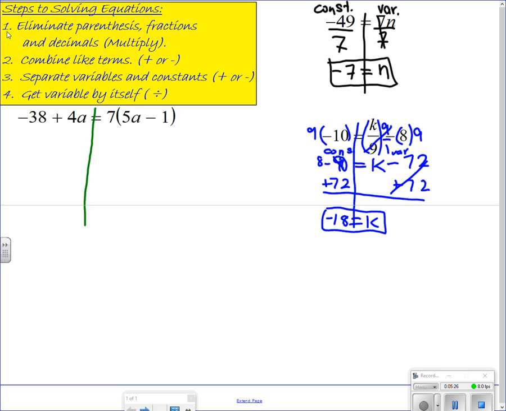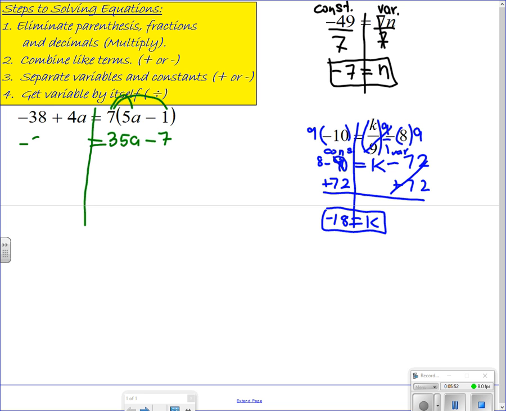Step number one, eliminate parentheses, fractions, and decimals. I have parentheses. Okay, and the way you get rid of them is by distributing. 7 times 5a will give you 35a. 7 times negative 1 will give you negative 7.